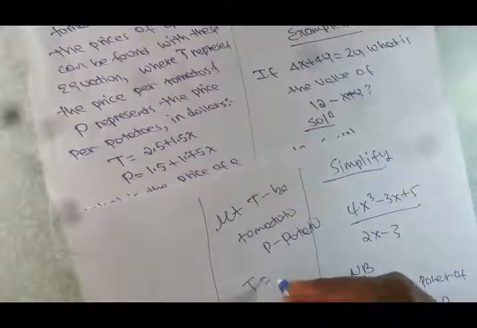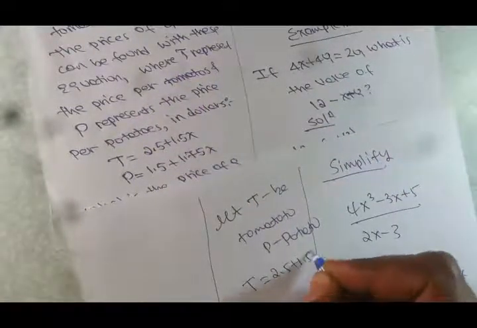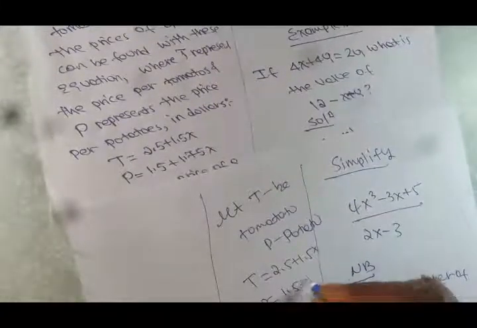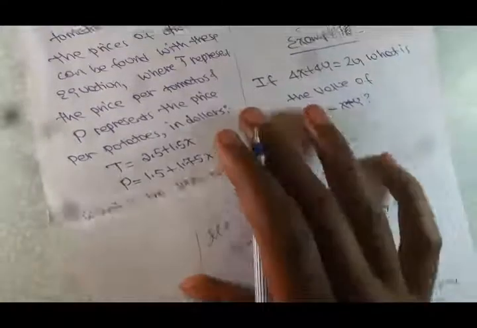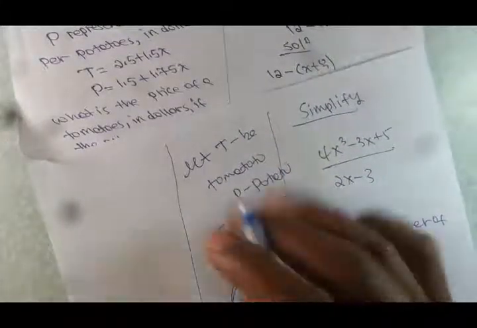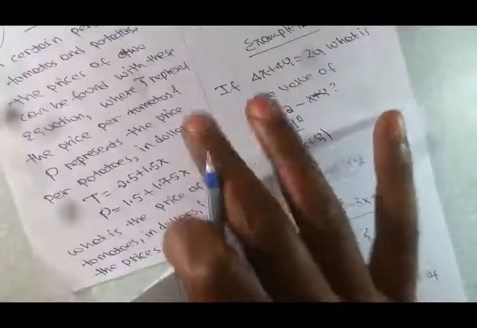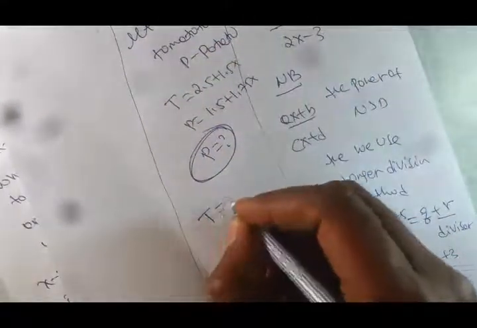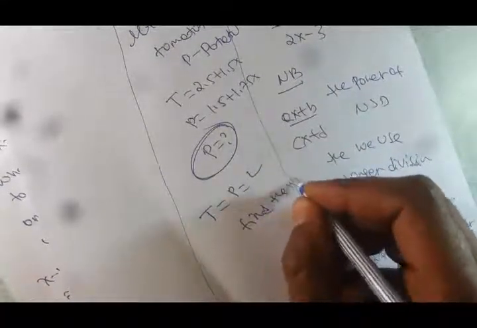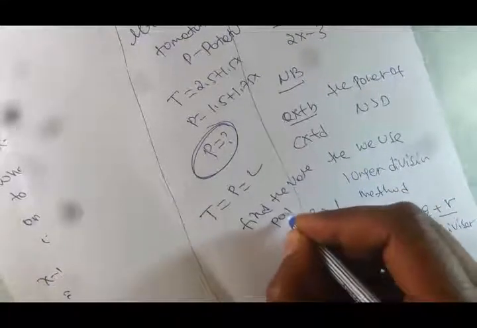T is given by 2.5 plus 1.5x, and P is given by 1.5 plus 1.75x. We are asked to find the price of tomato, if the price per bag of both vegetables is the same. If T and P are the same, find the price.